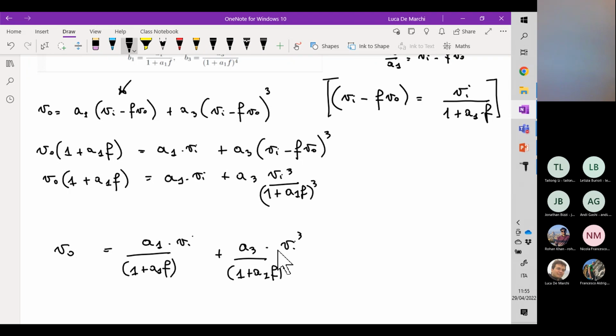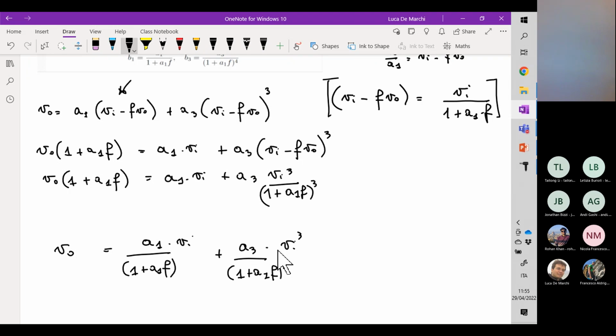So the bottom line is that indeed we have third order effects related to VI in the output, but these third order effects are multiplied by a coefficient which we can call, let's say, B3, and this is B1.